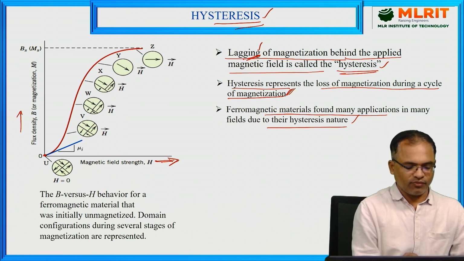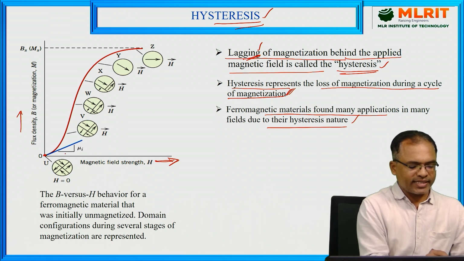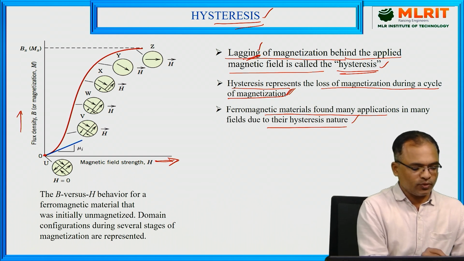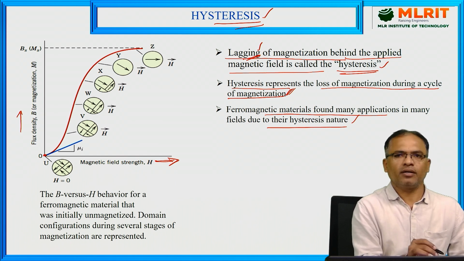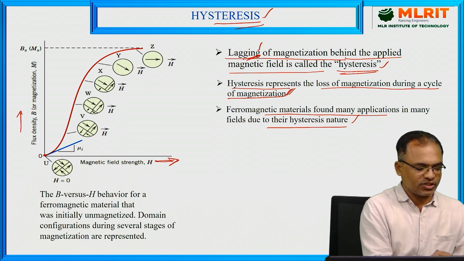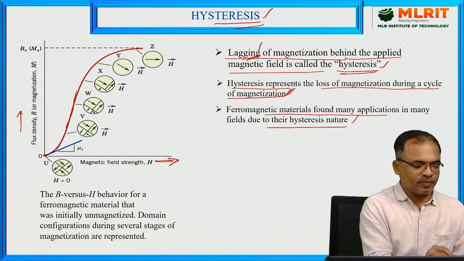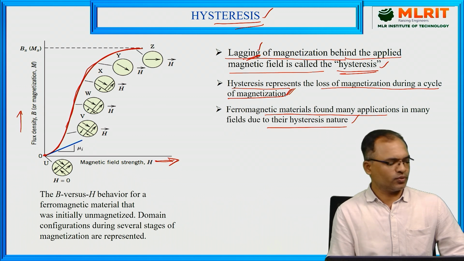When we increase the magnetic field, what happens? The magnetization takes place initially by domain displacement. Those domains which are orienting in the favorable direction of magnetization will increase in size. That is, magnetization starts. With further increase in magnetic field, magnetization increases, and that is how the curve takes its path.